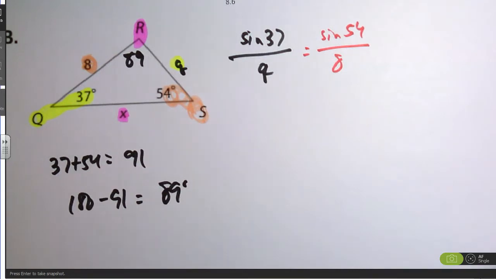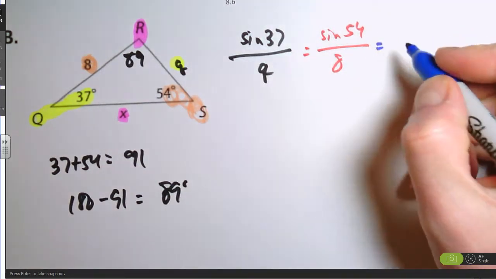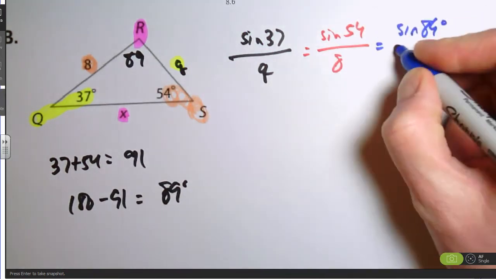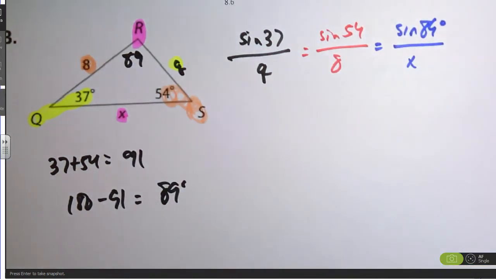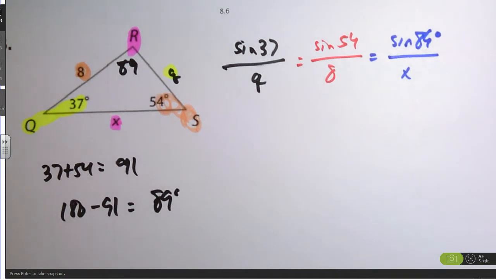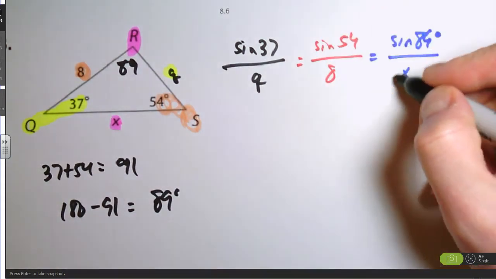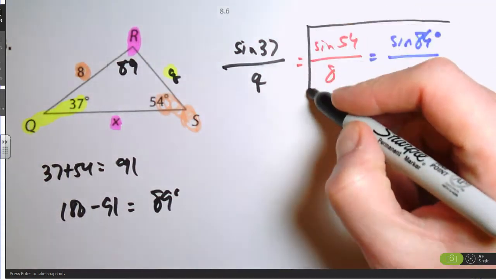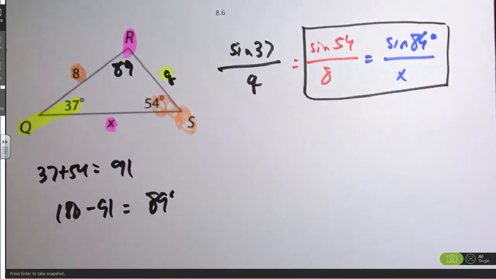And then equals sine of 89 over x. And then in class, when we go to solve this, I'm looking for x, so I need the one that has both parts with it, so I have to use these two together when I go to solve in class.